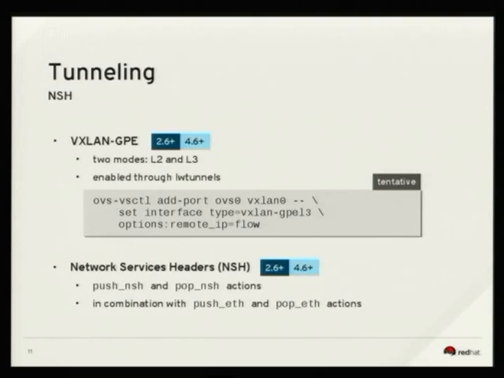The earliest Open vSwitch version this can go in is 2.6 because we need L3 support for this actually. VXLAN GPE can operate in two modes, L2 or L3. Really, this is something that needs to be chosen before or while creating the interface. So either the Ethernet header is there or not.